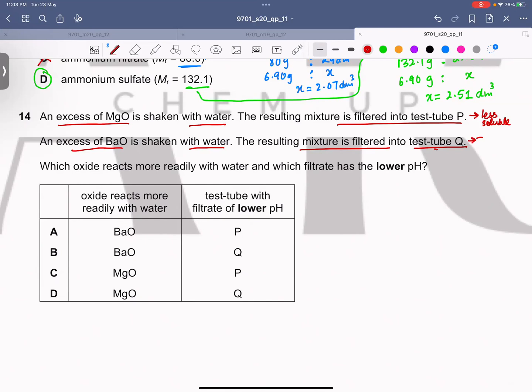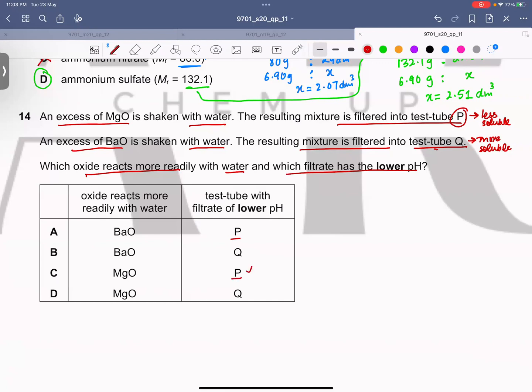Which oxide reacts more readily with water, and which filtrate has the lower pH? The lower pH would be of P, because the solubility is less, so the value of the pH would be closer to 7, but must be greater than 7. So the lower pH would be P.